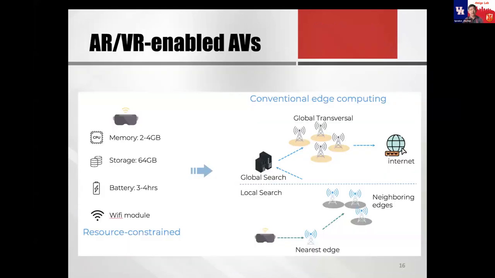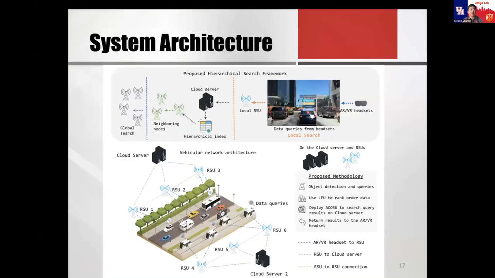And then in this case, we have conventional edge computing for the internet, and they can have either 4G, 5G, or Wi-Fi. They have limited storage, computing, and battery. And then we designed the system architecture specifically for the vehicular scenario.